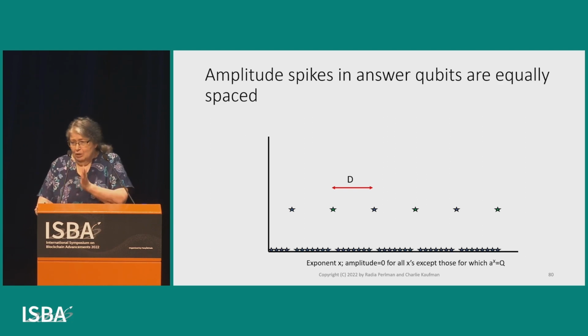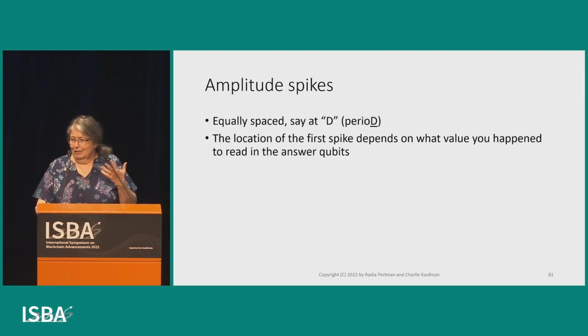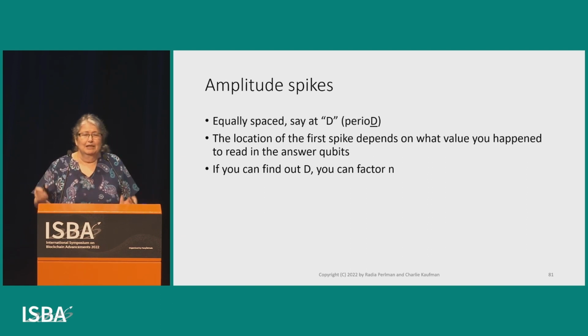And these amplitude spikes will be d apart. So this looks really good. But the location of the first spike depends on q, what value you happen to have read. So at this point, what you really want to do is find the distance between these spikes. But reading them at this point is not going to be helpful.